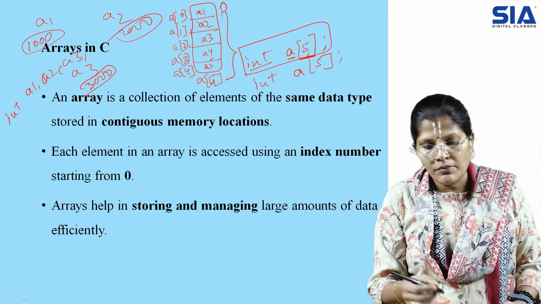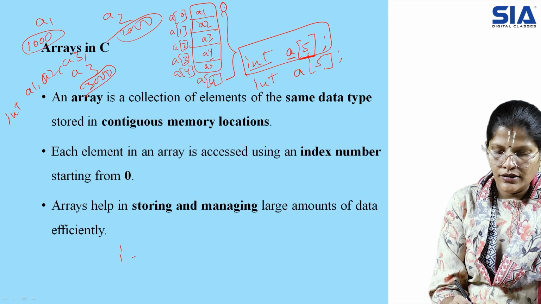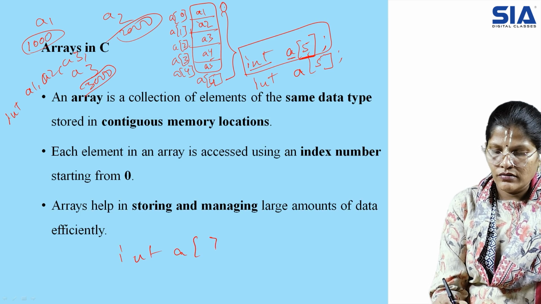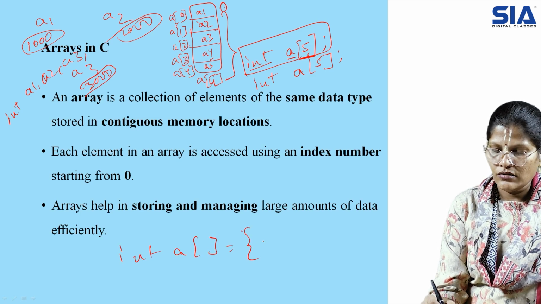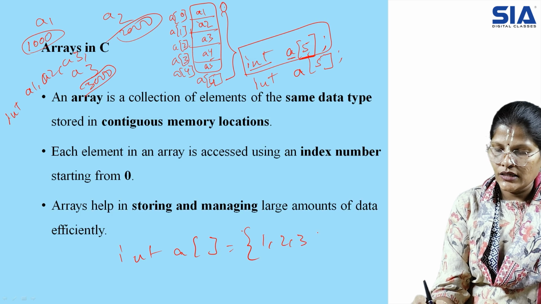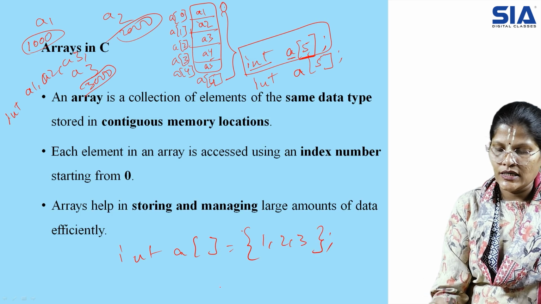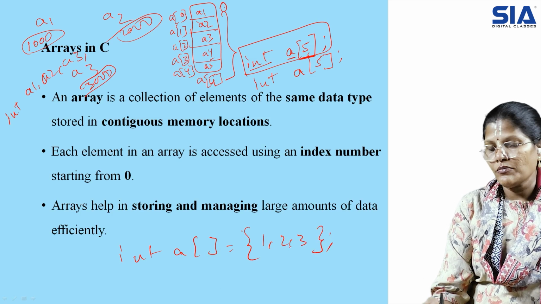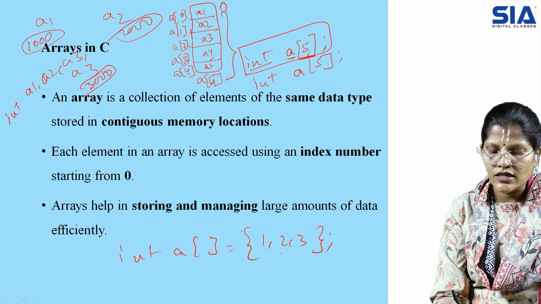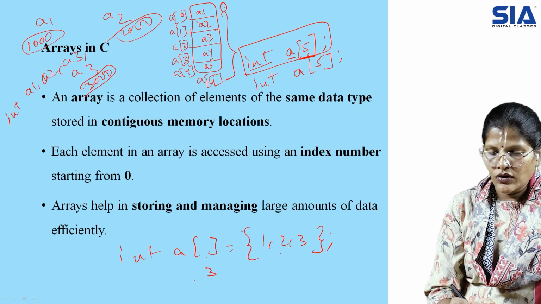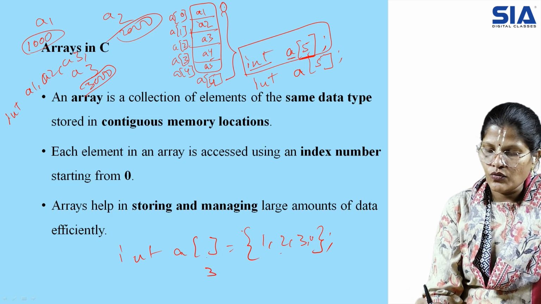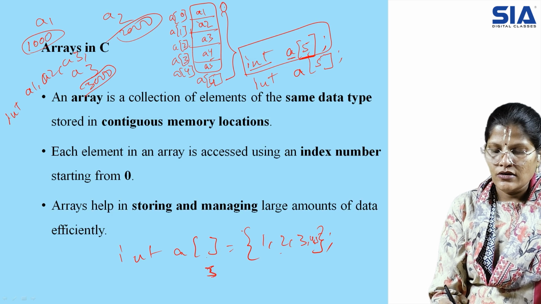Now when you talk about an array, there is int a of, like this, 1, 2, 3. That is, what is the size of the array? Because there are only 3 values, the size of the array is 3. When you talk about 5, it is 4 and 5, the size of the array is 5.